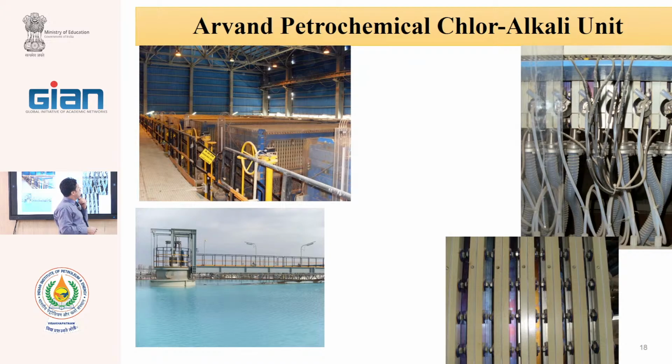Another application of proton exchange membranes, Nafion and Flemion, is in the chlor-alkali unit. This is a photograph of the Arvand petrochemical in Iran that uses NaCl as a feed and uses electrolyzers to electrolyze NaCl to NaOH, chlorine gas, and hydrogen gas.